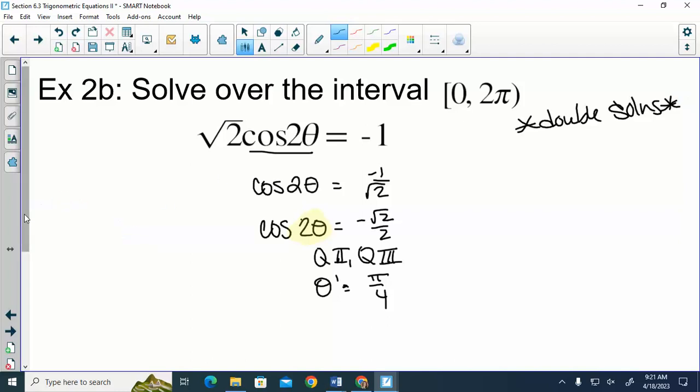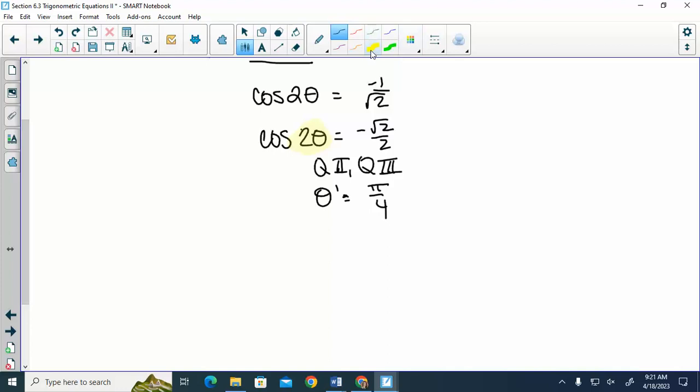All right, so my angle, 2 theta, equals, in quadrant 2, pi over 4 is 3 pi over 4. In quadrant 3, it's 5 pi over 4. Those are my original solutions that came from my quadrant and reference angle, but we said double. So we have 2. If I double that, that means I should get 4 total.